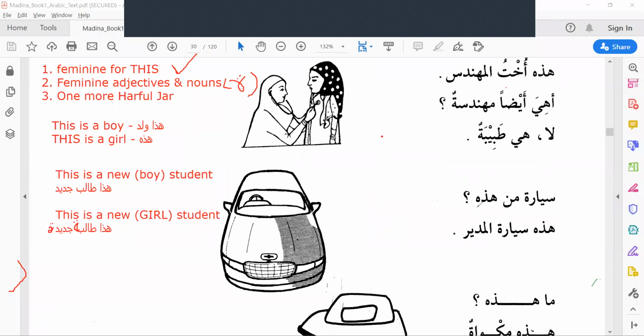Whose car is this? Car is feminine in Arabic, so we are using hadihi. Hadihi sayyaratul mudiri. This is the principal's car. If commonly principal, it refers to masculine, male principal. If you want to refer to a female principal, just add ta at the end. Okay, that's it.